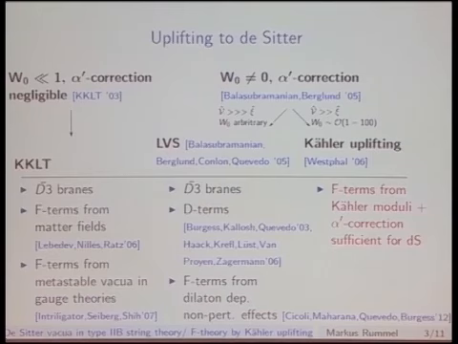And very recently, there is this nice effect, also an F term effect, from dilaton dependent terms. I will focus on the Kahler uplifting scenario because it best suits our purposes, which is that we want to make as model-independent an analysis as possible of what the conditions are to find the de Sitter vacuum in type IIB supergravity.